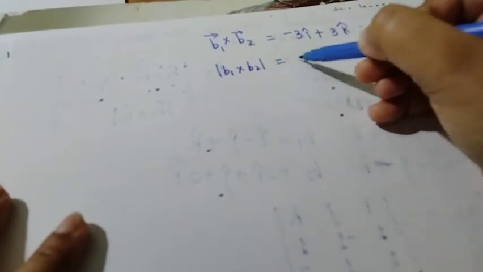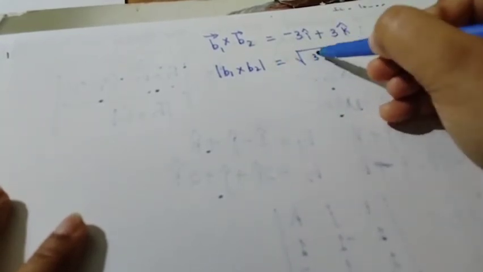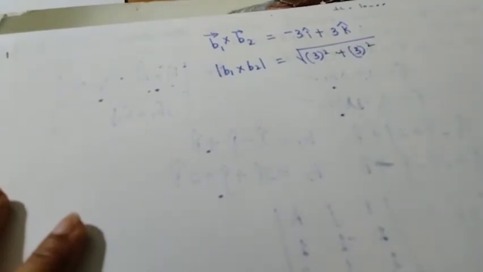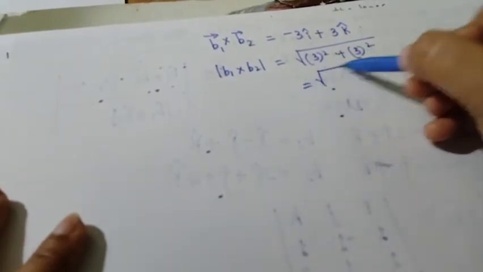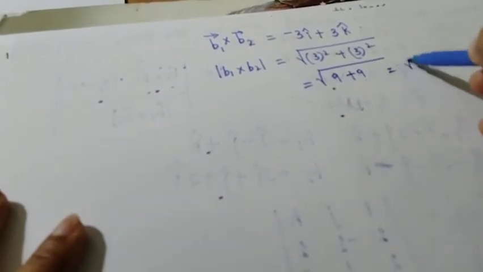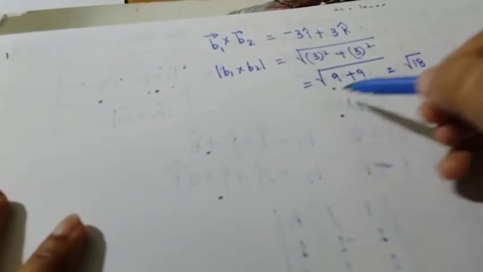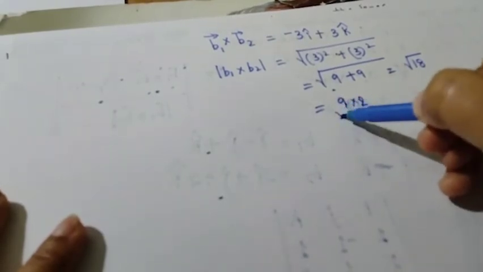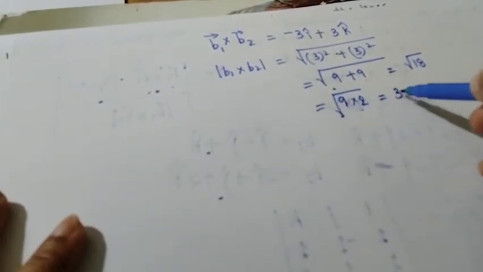So this will be equal to root of 3 square plus 3 square. This is equal to root of 9 plus 9, which is root 18. Root 18 you can write as root of 9 into 2, this becomes 3 root 2.